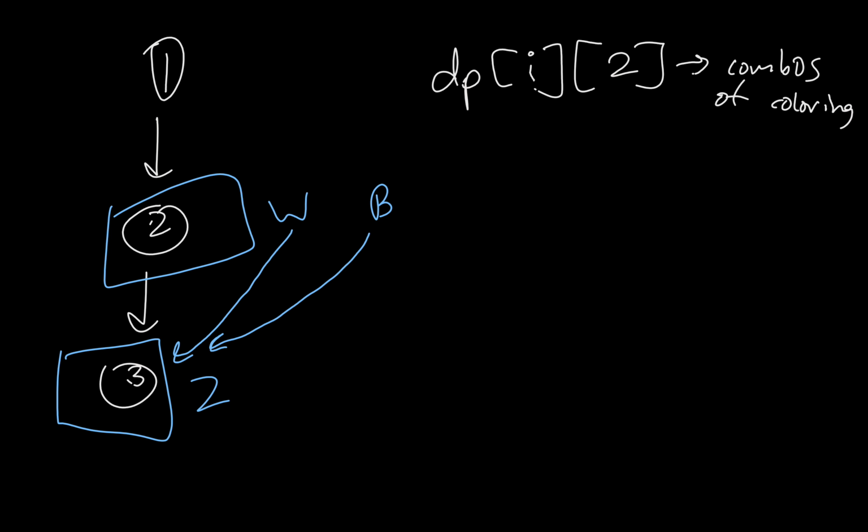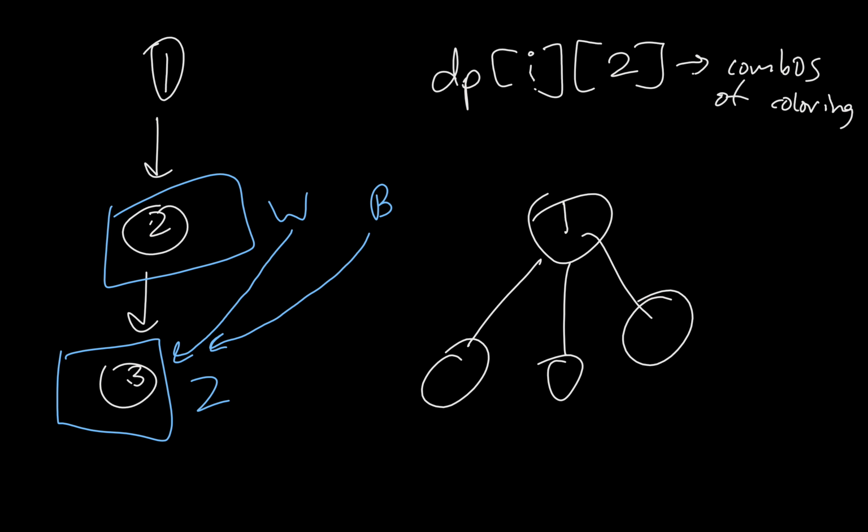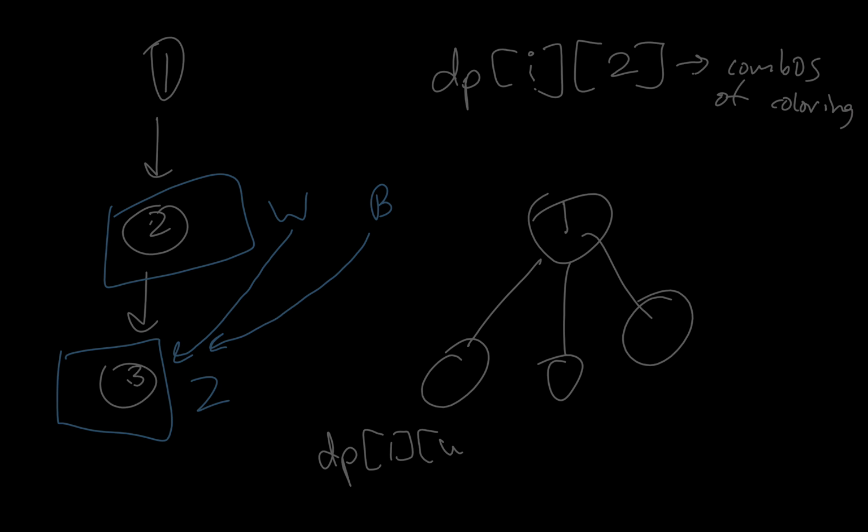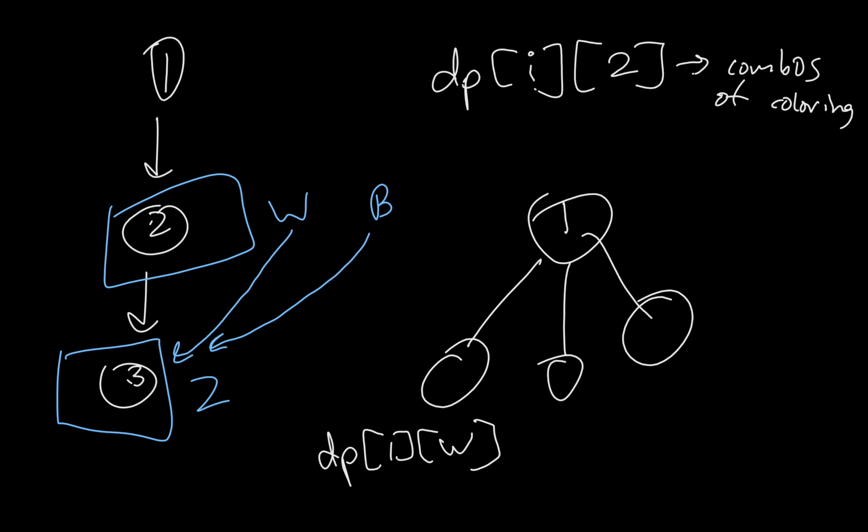Since no 2 nodes can be adjacent, let's say we have some subtree, with a few nodes down here. The DP of node 1 for white, where 0 is white, is equal to essentially this: let's say its children are 2, 3, and 4.